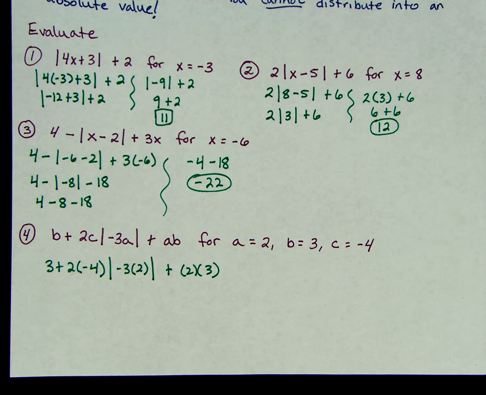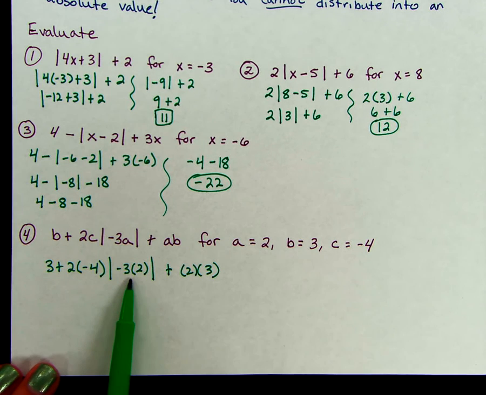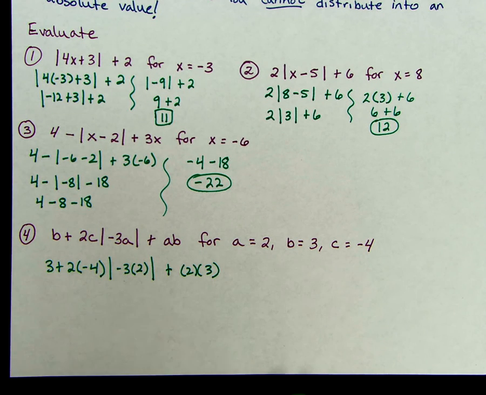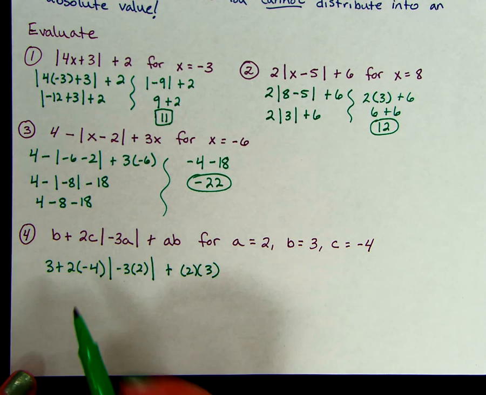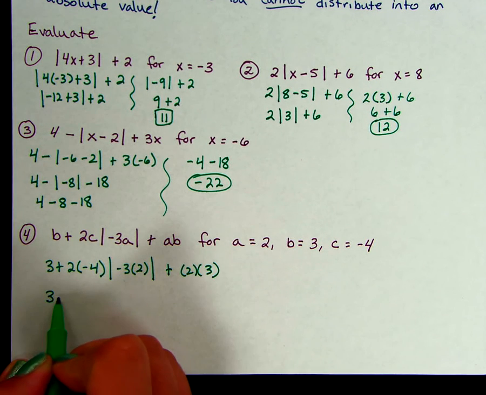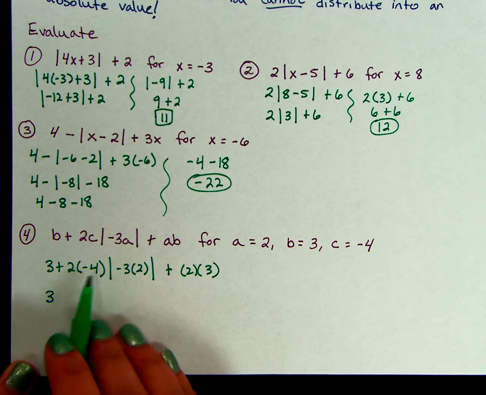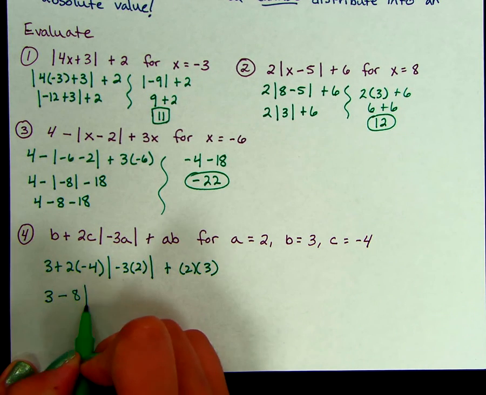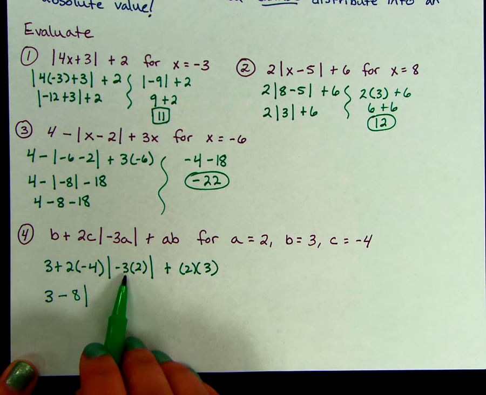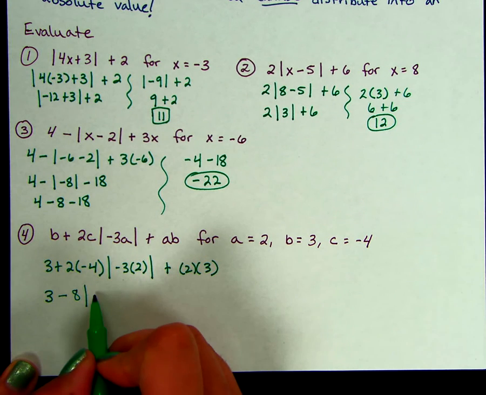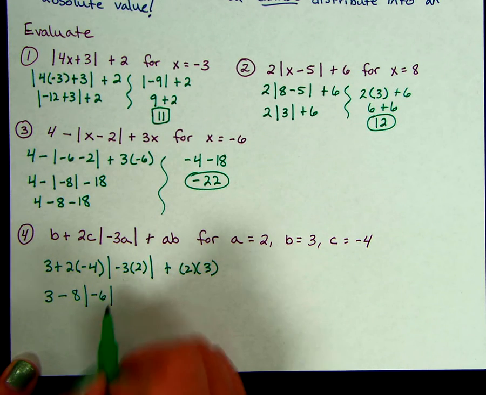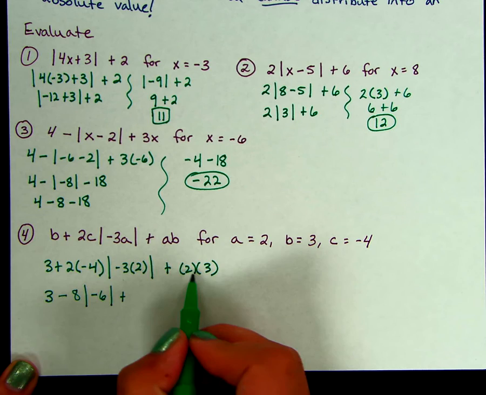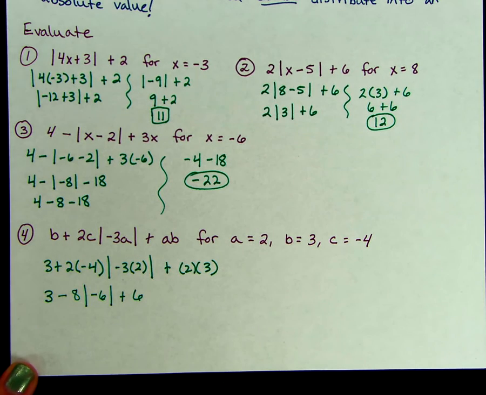So we're going to simplify inside of our absolute value, and then at the same time we're also allowed to multiply the last group here and these two sets of numbers in front of our absolute value symbol. So 3 plus, and then 2 times -4 is going to be -8, so this will actually become 3 minus 8, absolute value, -3 times 2 is -6, absolute value, plus, and then 2 times 3 is 6.